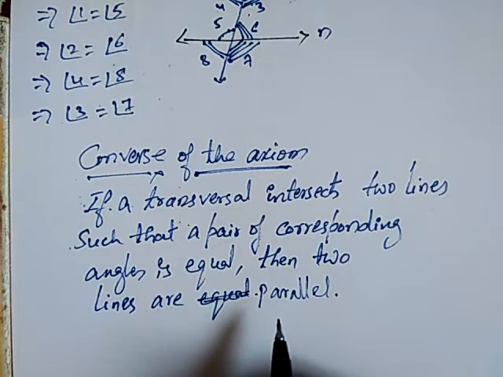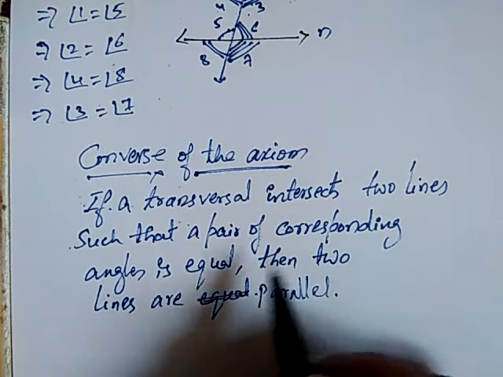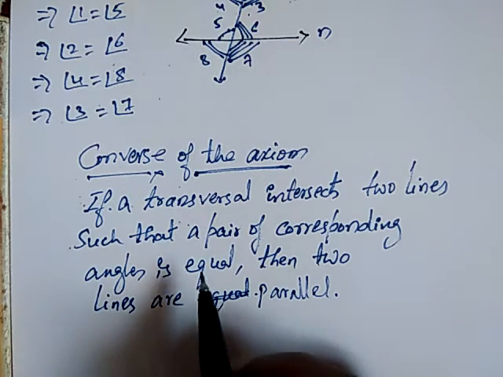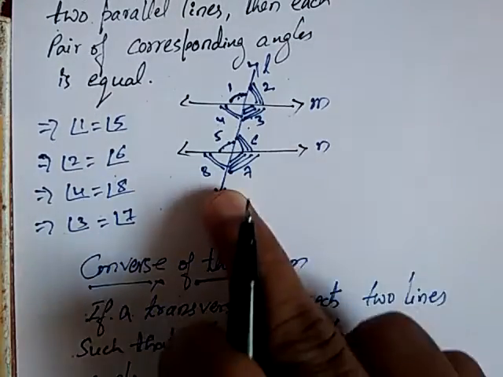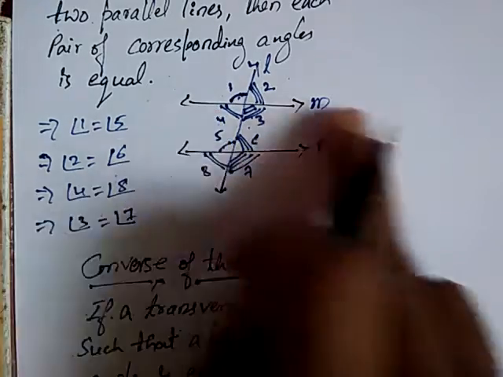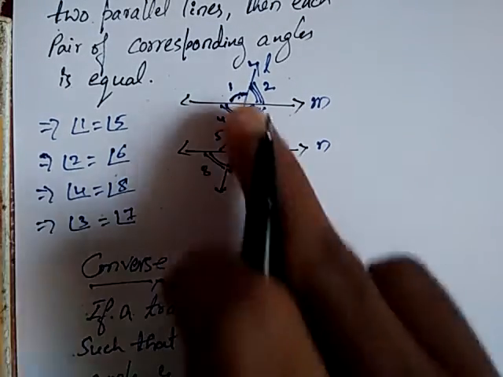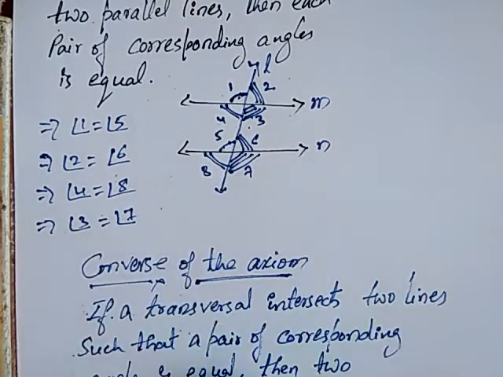If the lines are parallel, the corresponding pair of angles is equal. And if a transversal line intersects two lines like this and the corresponding angles are equal, then automatically the given two lines are parallel.